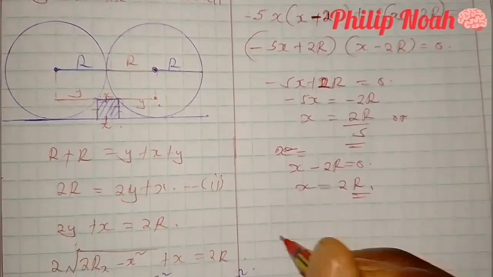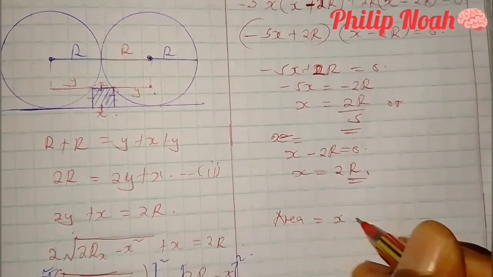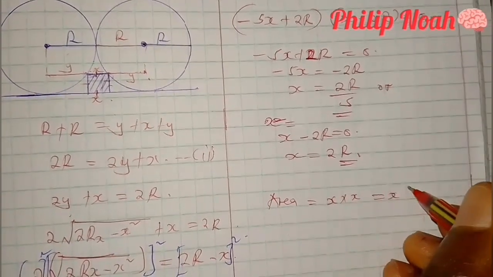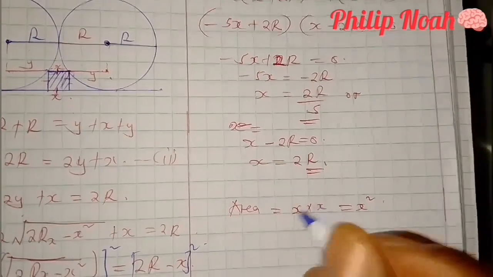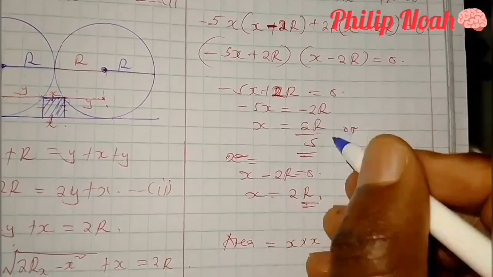So area is side times side, that is x times x, gives us x squared. And now we have our x. You can start with the first one.